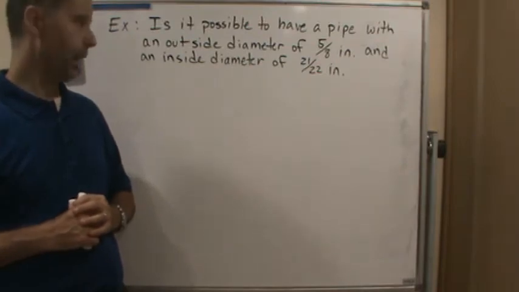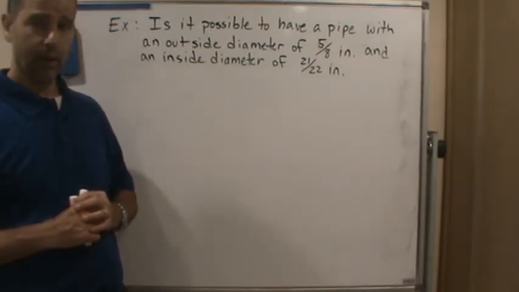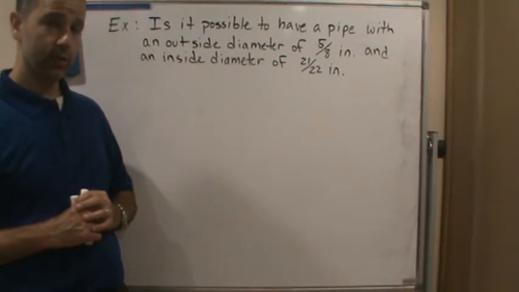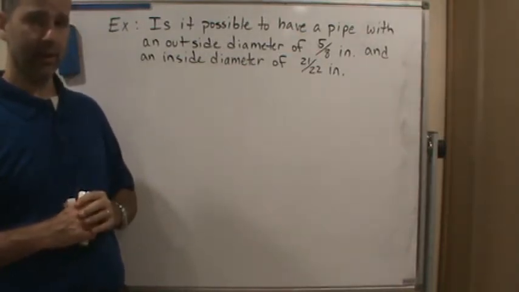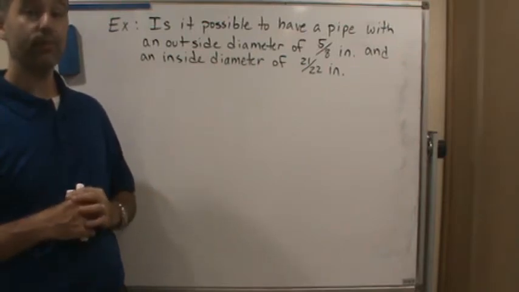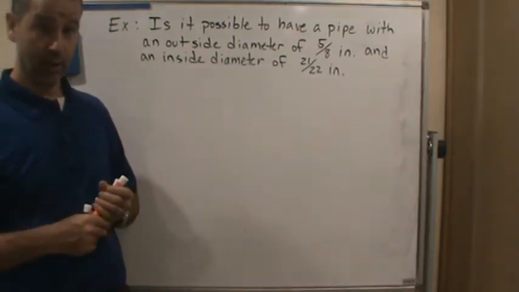In order to properly figure this out, we're going to want to use equivalent fractions. Now, some of you might be able to look at this and say yes or no, but let's prove it. Let's demonstrate what the answer is.